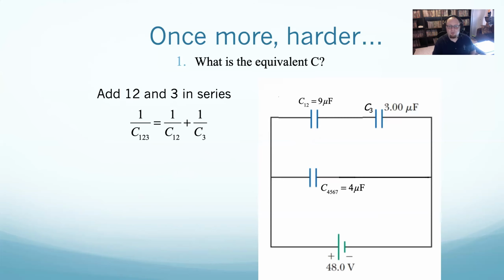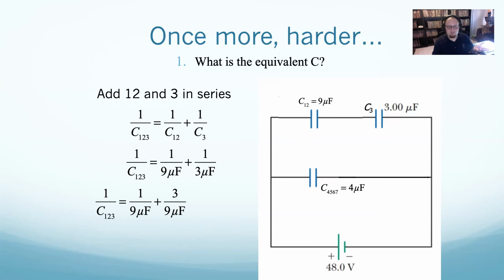So 1 over C123 is 1 over C12 plus 1 over C3. 1 over 9 plus 1 over 3. But 1 over 3 is the same as 3 over 9. So it's 4/9. But it's not. That's 1 over C, so I have to invert it. And I can say that C12 and C3 could be replaced by one capacitor with a value of 2.25 microfarads.